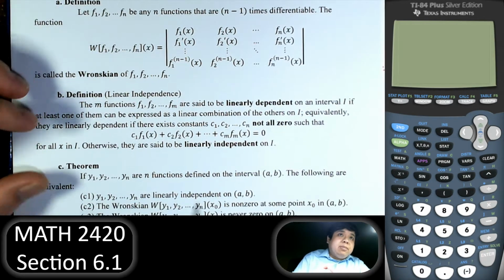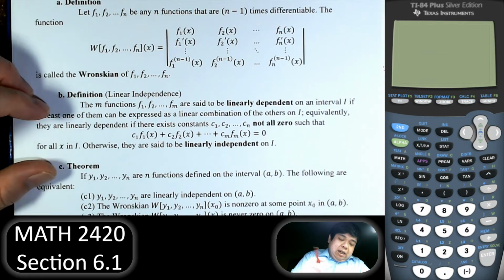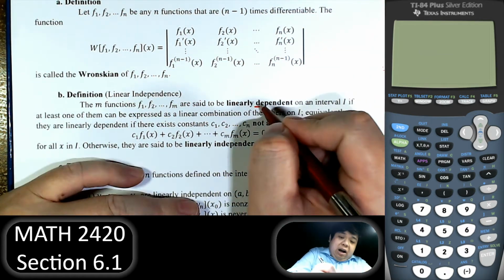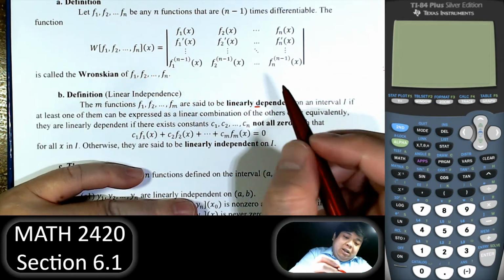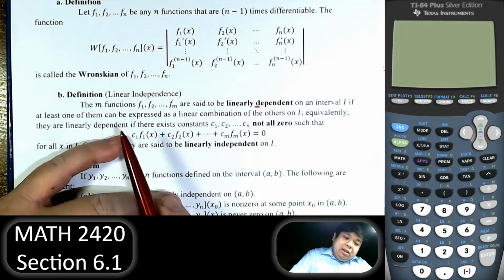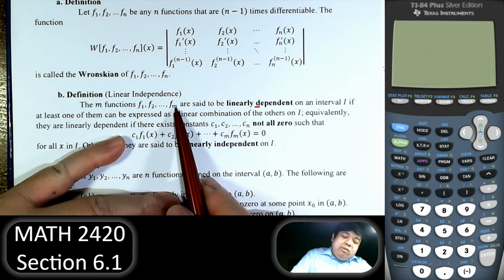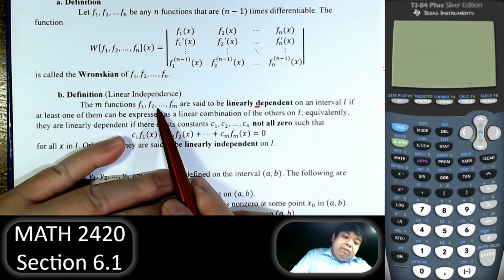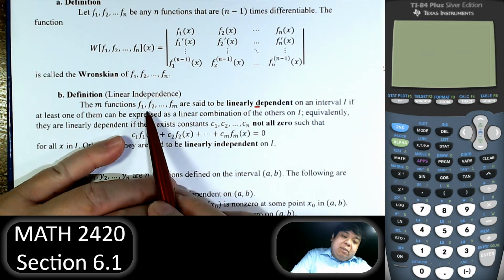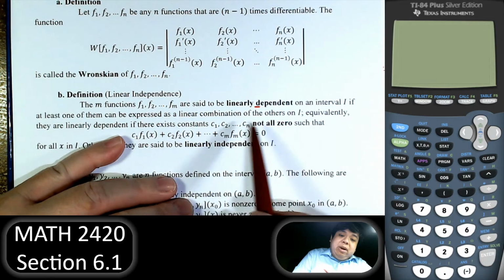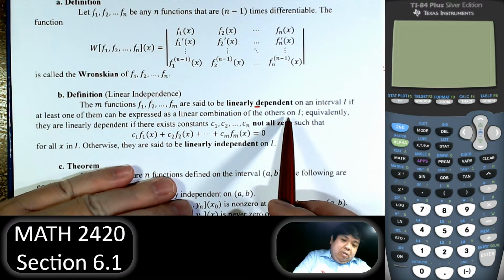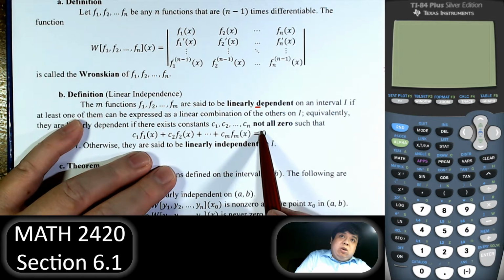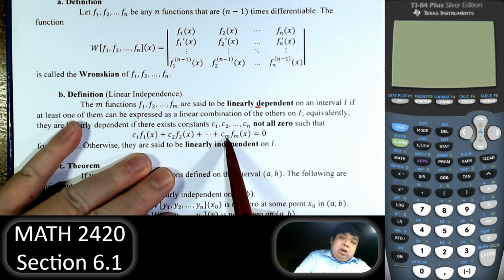First we define linearly dependent, which is the opposite of linearly independent. Linearly dependent means one function can be expressed as a linear combination of the others, meaning that if we have a linear combination of all of those functions and that combination equals 0, not all of the coefficients are equal to 0.